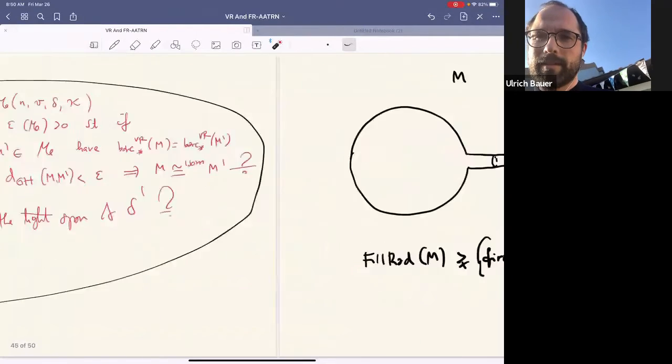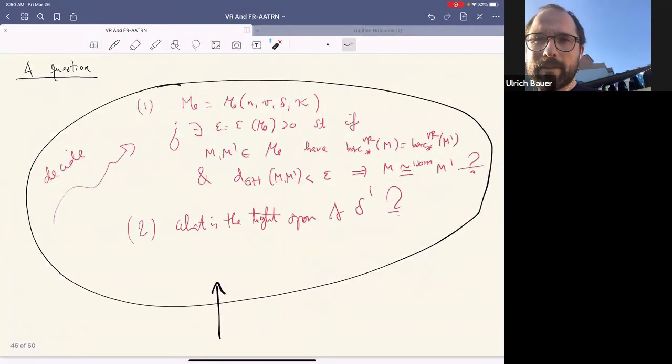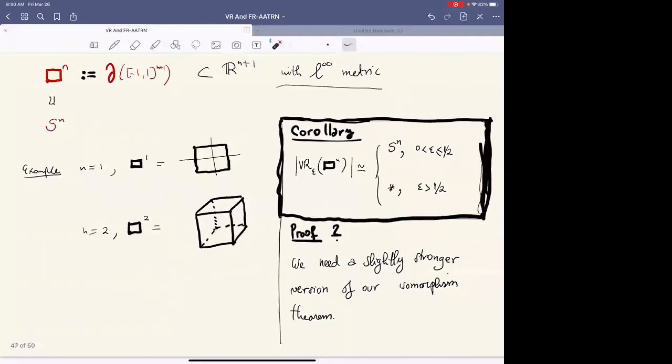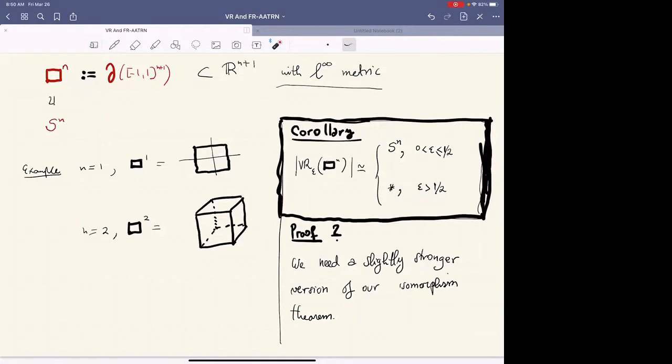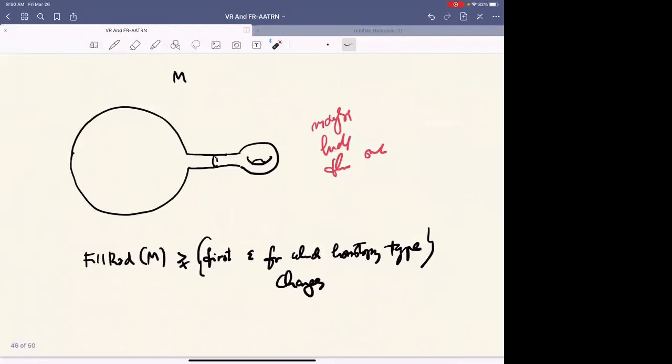So the reason for considering the round sphere in Sn is more like an intermediate step. I think it might be related to what is easy to do in practice.